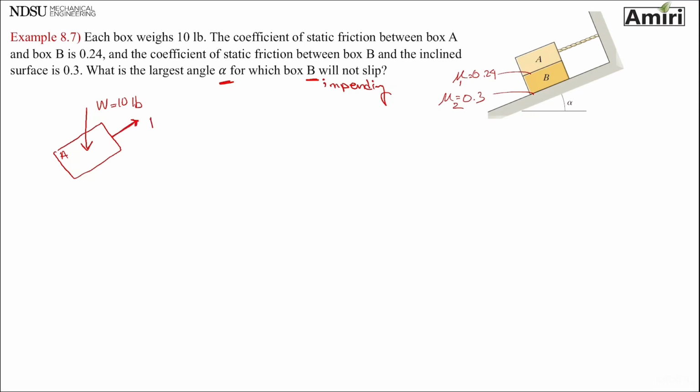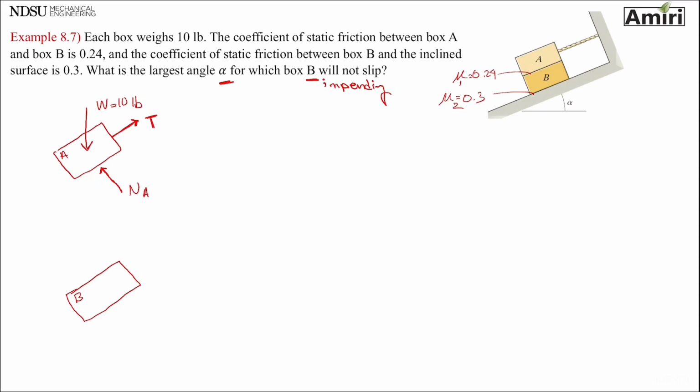Cable ropes are always in tension, meaning going away. It is contacting another block. Contact always has a normal force perpendicular to the surface. And it has a friction. Again, this is kind of difficult for me to figure out the friction, so let me go draw the free body diagram of B, and then I'll get back to A.